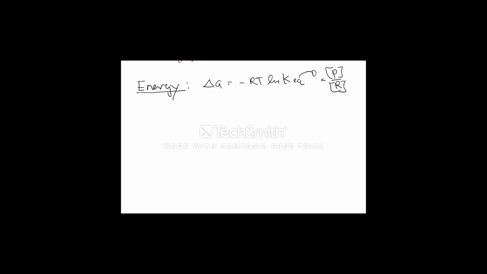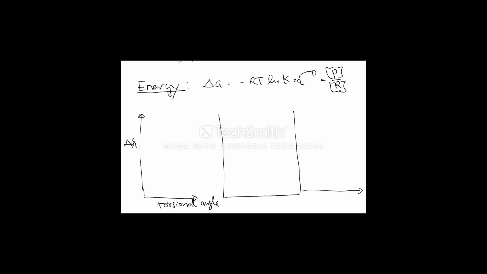So we're going to look at how it plays out. Free energy, delta G, is on the y-axis, and the torsional or dihedral angle, or you can say the coordinates, is on the x-axis. Now if you graph it, I'm going to give a few examples.